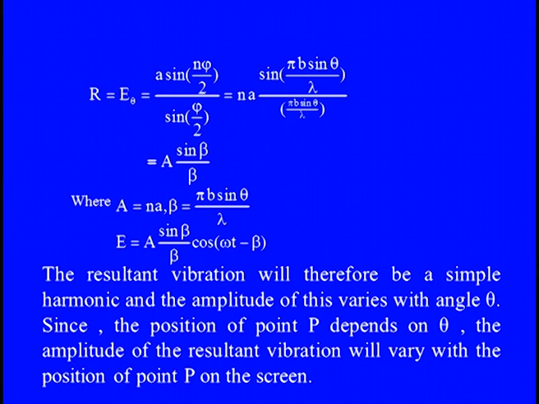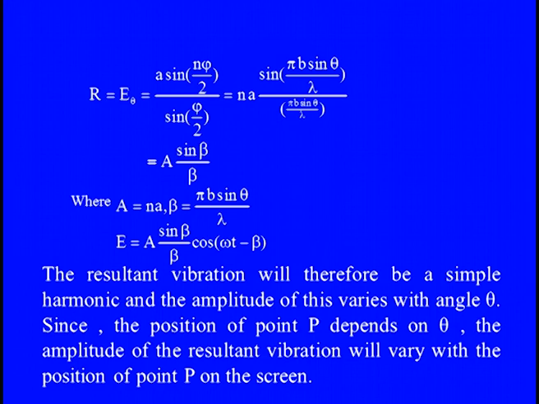and we have the resultant amplitude E theta equal to n times A sin (pi b sin theta by lambda) divided by (pi b sin theta divided by lambda). This we can write equal to capital A into sin beta by beta, where capital A equal to n times A and beta is equal to pi b sin theta by lambda.